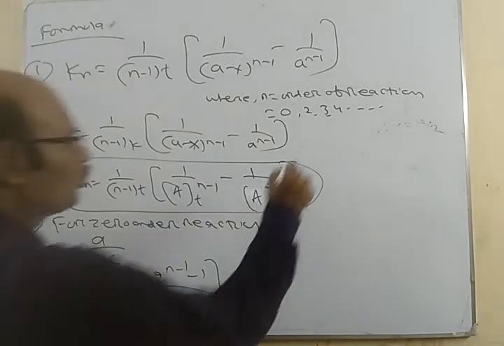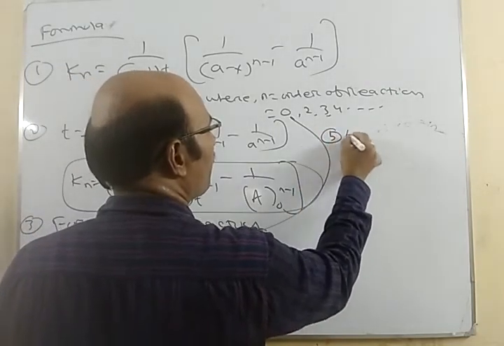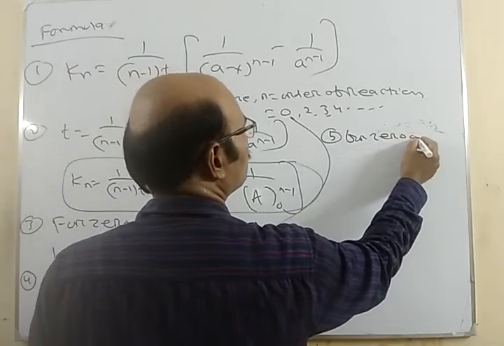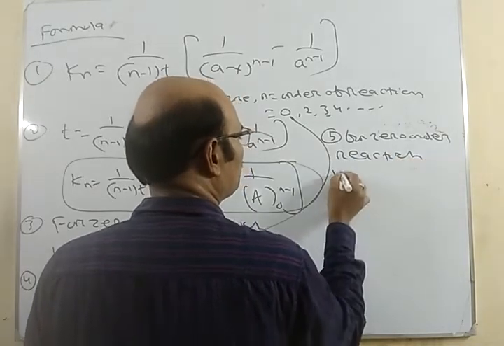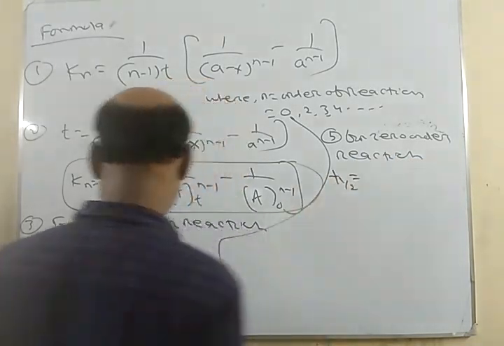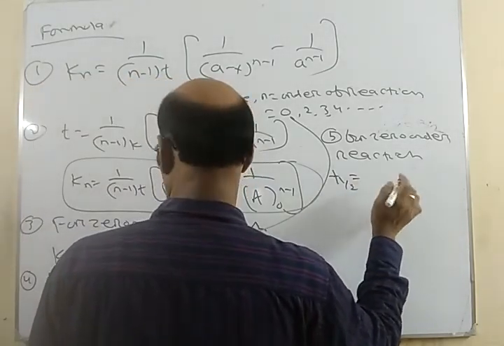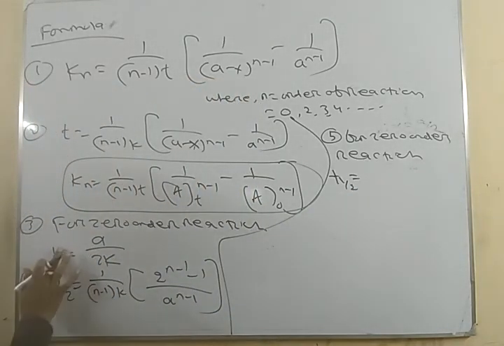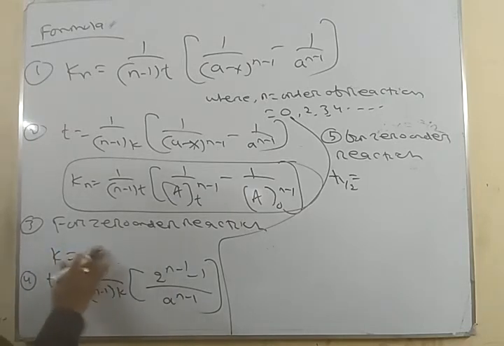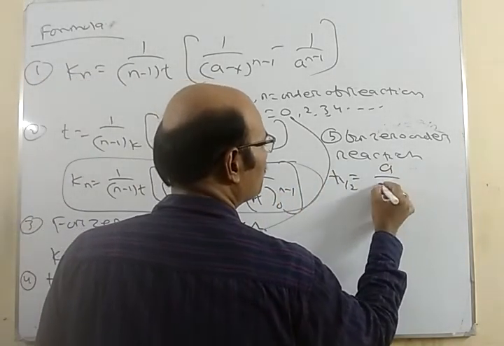So if I go for zero order reaction, we have k equal to x by t, and here we have T half equal to a by 2k.